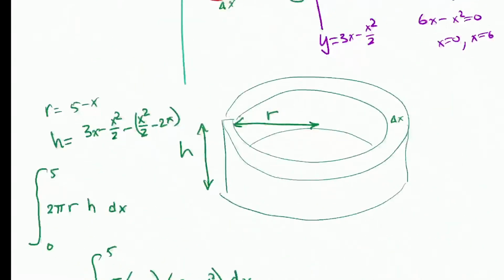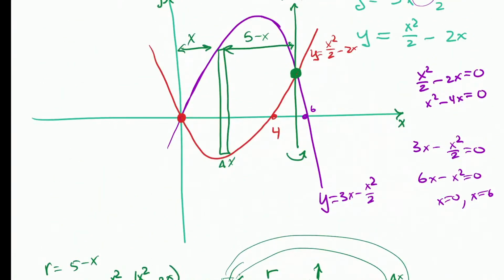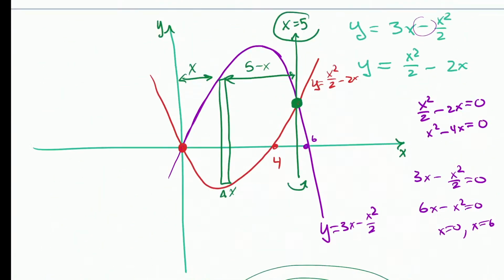So the radius is going to be the distance from the ring, if you will, to the center. And so let's go back up to our graph. Here's the center. The axis of rotation is right there. And here's the thing that I'm rotating around that axis. And so this distance from here to here is what I want to be able to express.